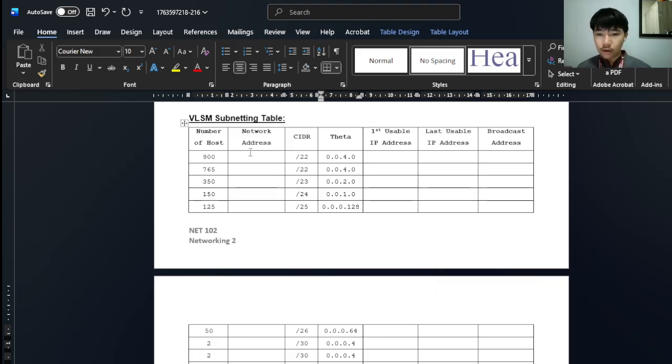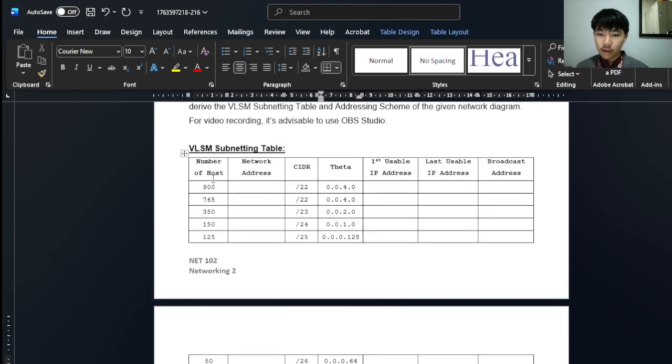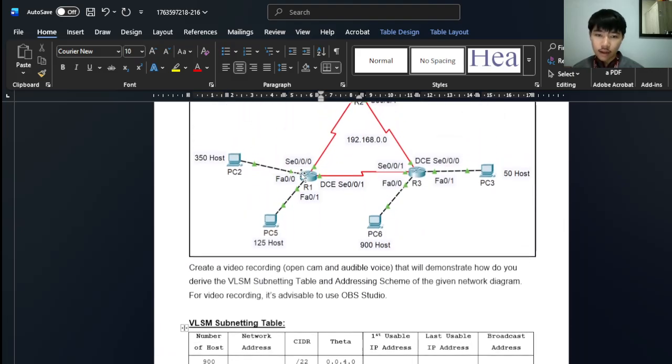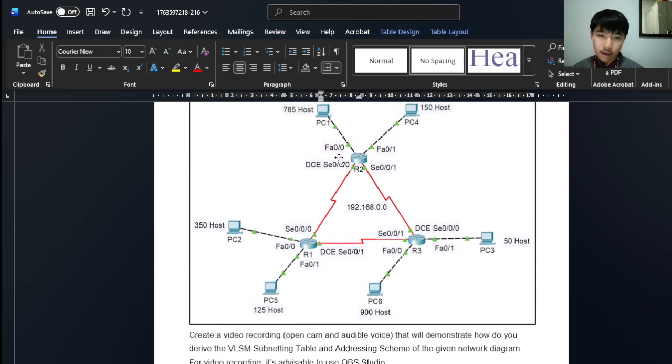In order to get the network address, we will count the number of hosts, starting with 900, and check the diagram.